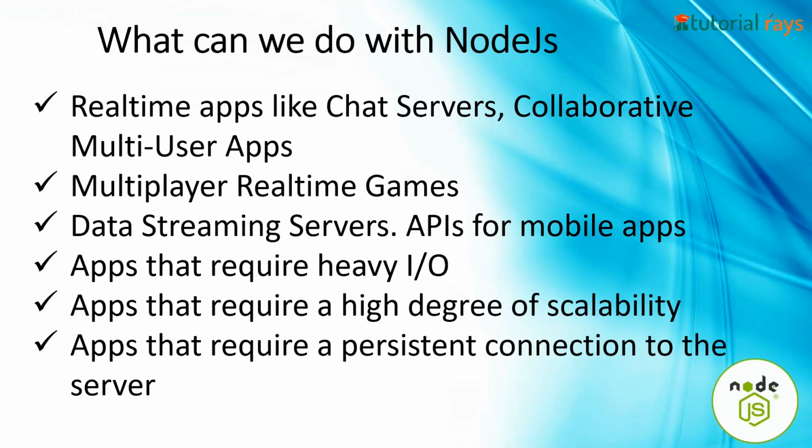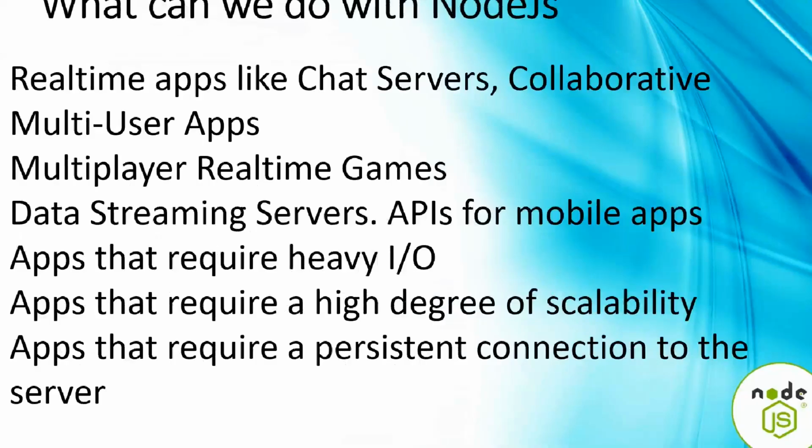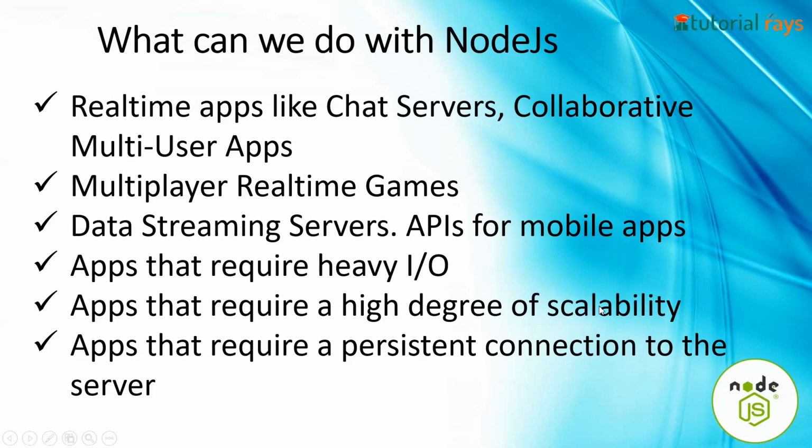Where there is heavy IO in that kind of application or website, Node.js is used. Apps that require a high degree of scalability. That means applications which can be extended or require extension. In such a website or application, we do use Node.js.